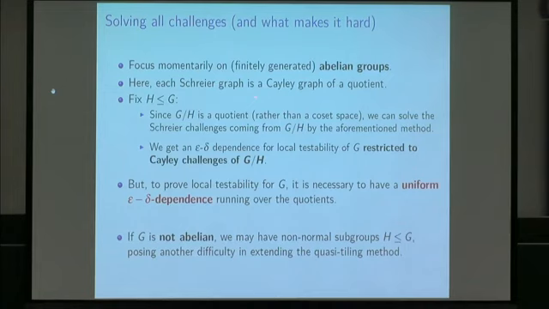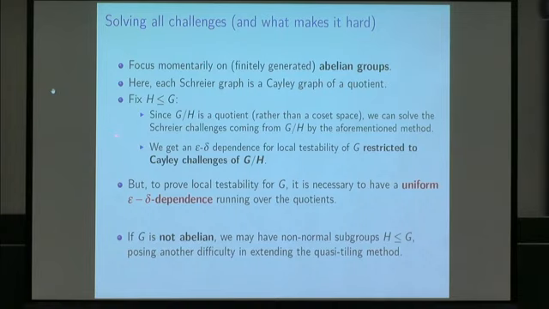So fix some specific subgroup H and look at G mod H. This is a quotient. By the algorithm that I presented, we can solve all of the Cayley challenges of the quotient, yes, because it works for every residually finite group, and this quotient is still residually finite.